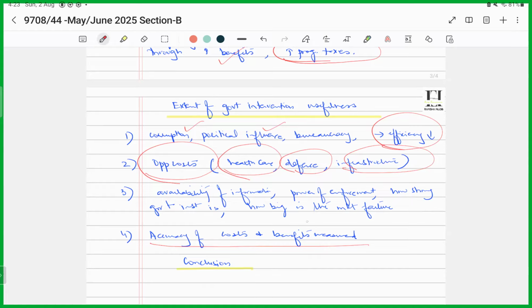The availability of information it has, plus the power of enforcement, plus how big the market failure was, and was the level at which the government decided to intervene sufficient to address the situation fully? Was it successfully implemented? And would it yield the results that the government intends to achieve?